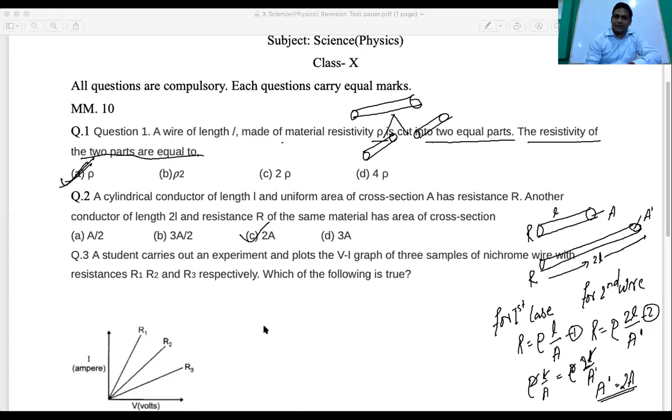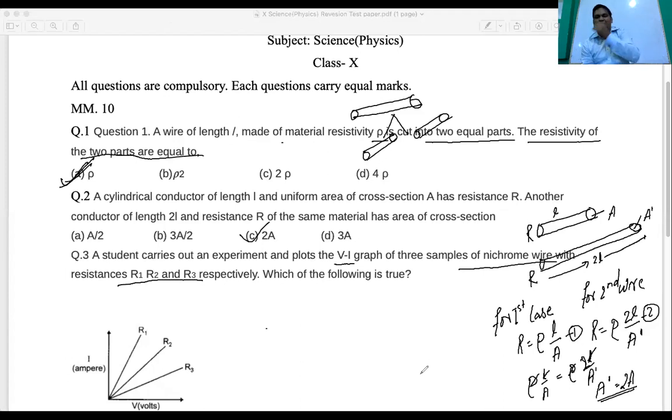Who is that? Okay. The question is: a student carries out an experiment and plots a VI graph, or you can say this is basically an IV graph, of 3 samples of nichrome wire with resistances R1, R2, R3 respectively.